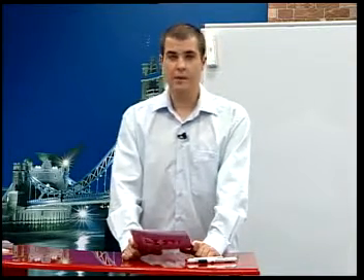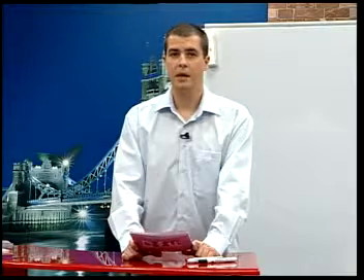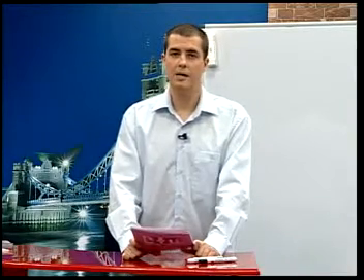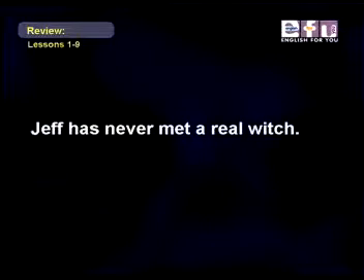It can also be used to express the idea that something did or didn't happen at some time in the past, an unspecified time. Exactly when, it's not important. For example, experiences. Jeff has never met a real witch. So in all of Jeff's life, he has never met a real witch. Exactly when is not important.